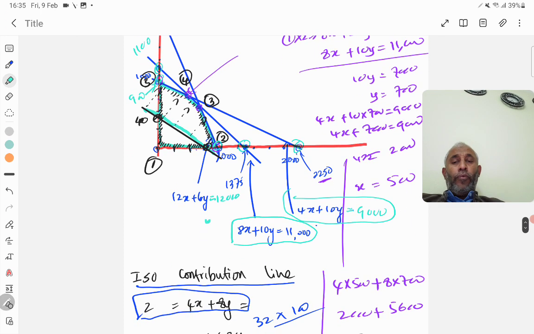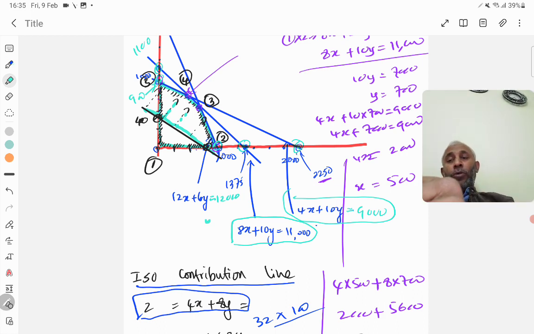If you take a paper or something and move it like this parallelly upwards, then see where this line coincides with one of the points at last.